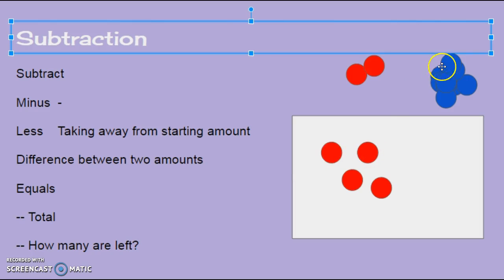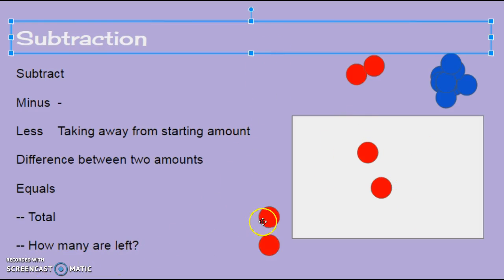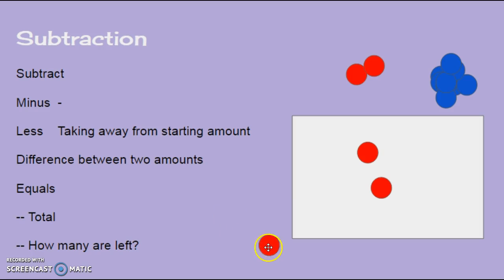So instead of bringing in 2 more as I would in addition, I am just going to move 2 out of the way, and when I'm solving these kinds of problems, I like to leave them visible so I can double check my problem. So I had 4 originally, and then 2 went away, leaving me with 2. And that is the how many are left scenario there. Okay, so that is the taking away or the less scenario.